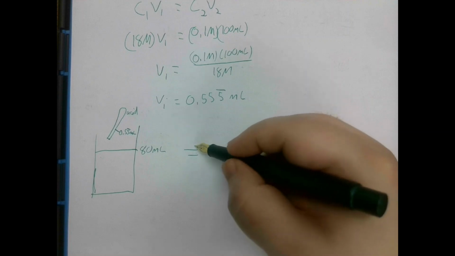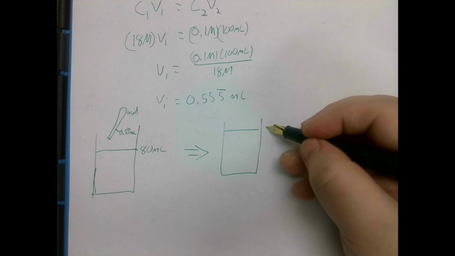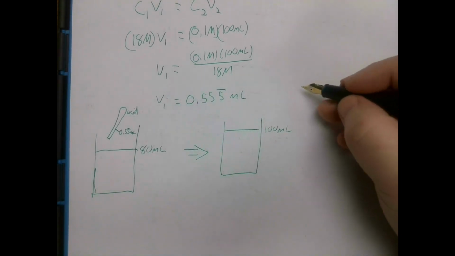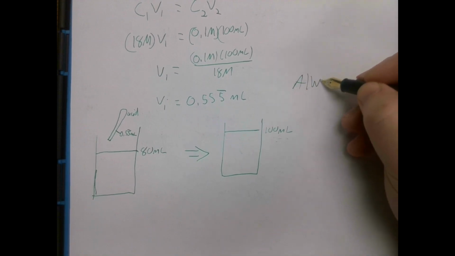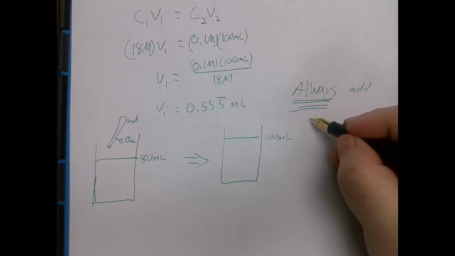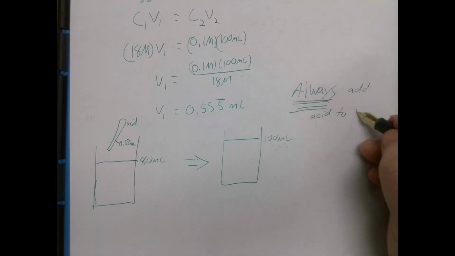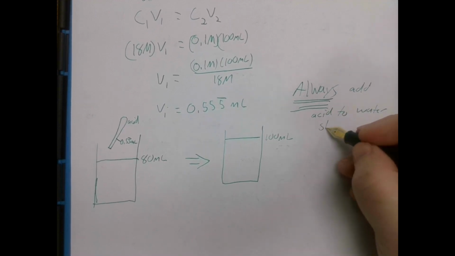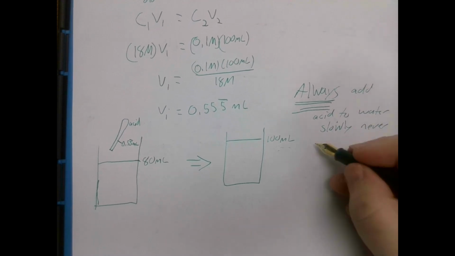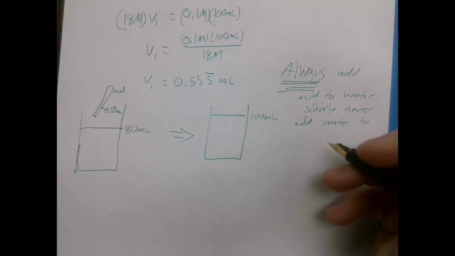And then after I mix them, I would slowly add water to fill it up to 100 milliliters. Again, you always add acid to water slowly. Never add water to concentrated acid.